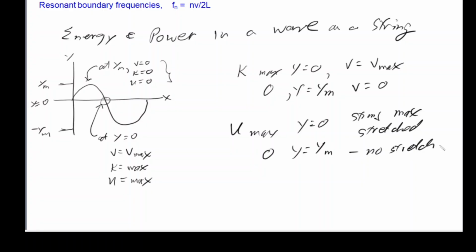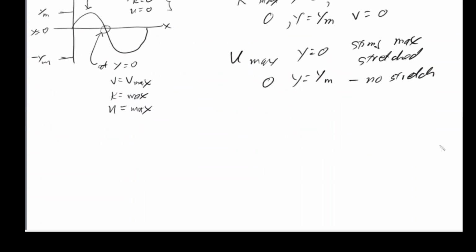Now let's look at that a little closer. So if we're comparing ym versus y equals 0, here's the string going through that. So here's ym, and looking at the reverse here of y equals 0, we look at dx, because dx is proportional to the stretch of the string.